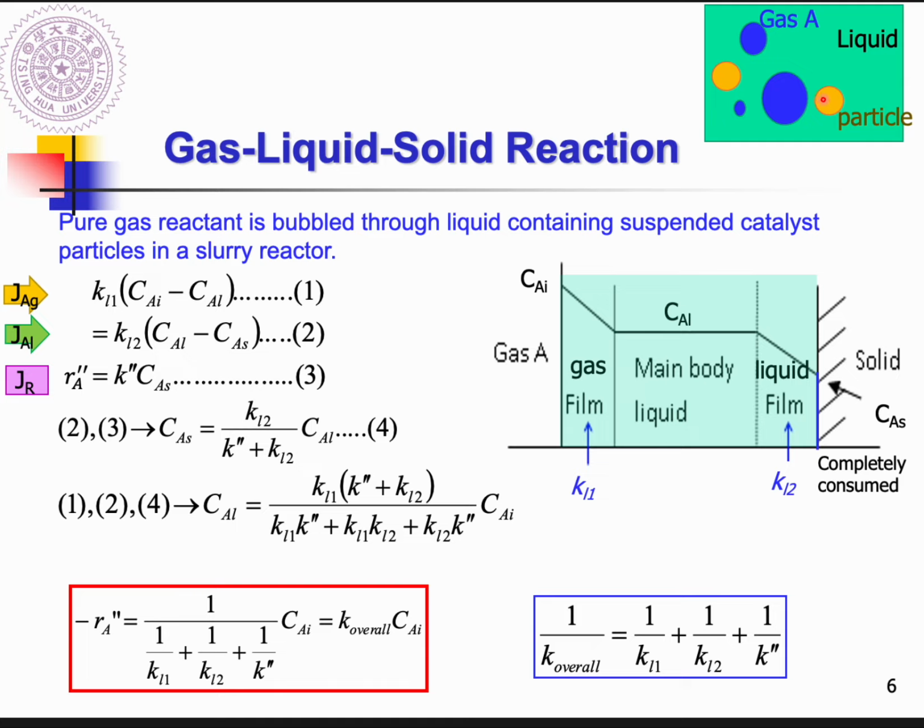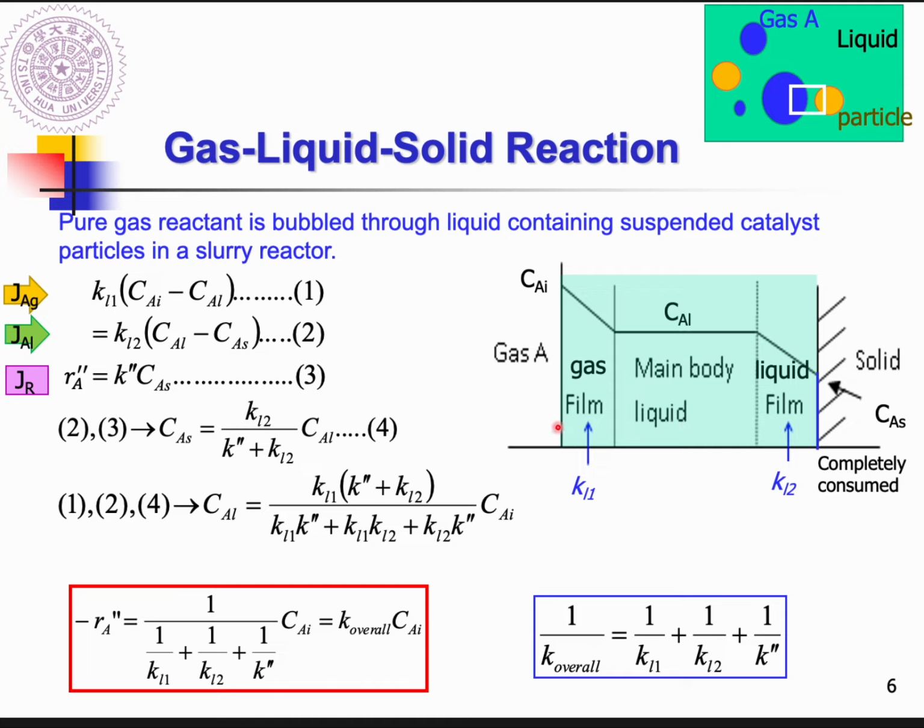start its chemical reactions. So in order to estimate the overall rate equation for this type of condition, I try to enlarge this reaction region and draw the figure like this. We have gas A on the left-hand side, and on the right-hand side we have the solid catalyst, and in between we have a liquid.